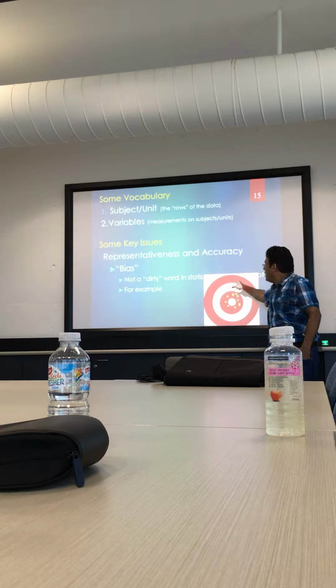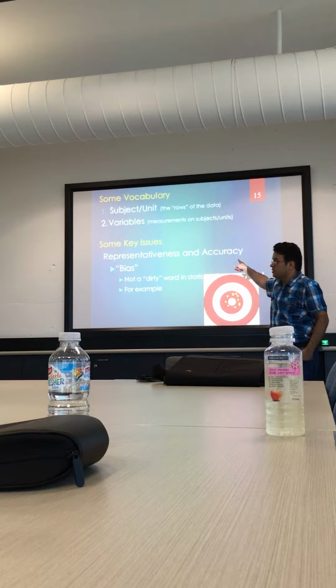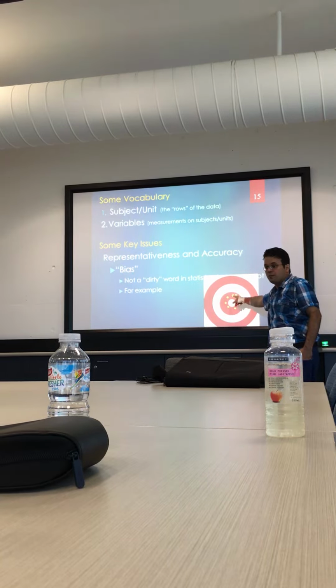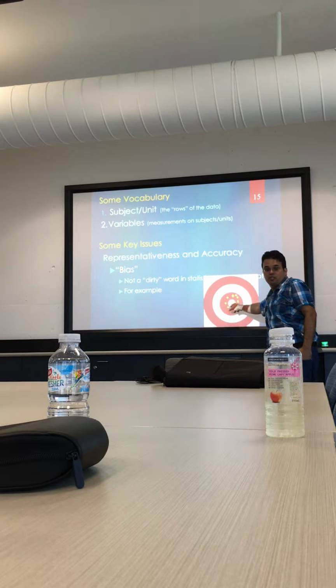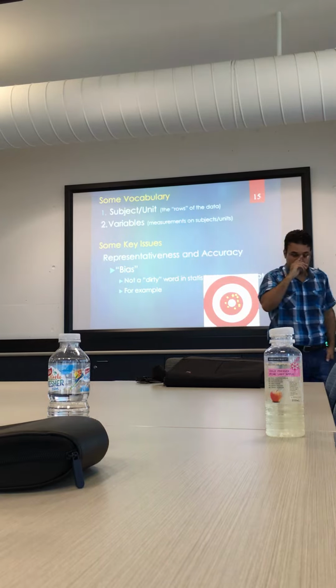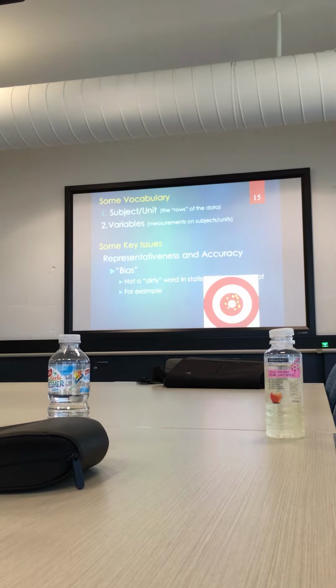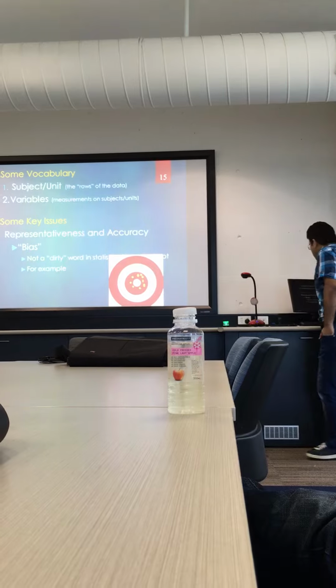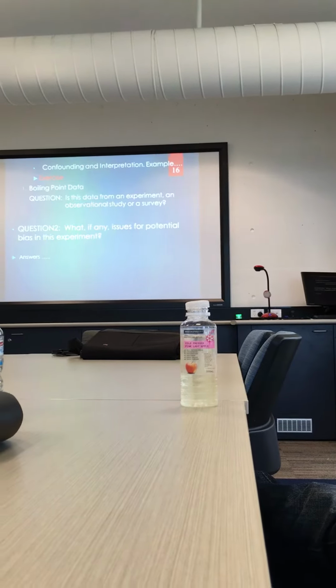Okay. The second one, accuracy. Accuracy is when the yellow balls are put in the center. But the most important for data is the bias. You have to make sure of it when you collect the data.